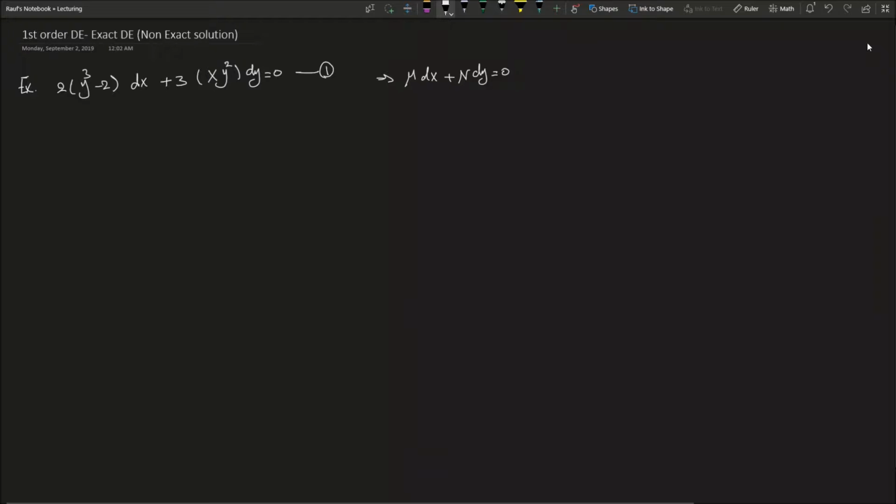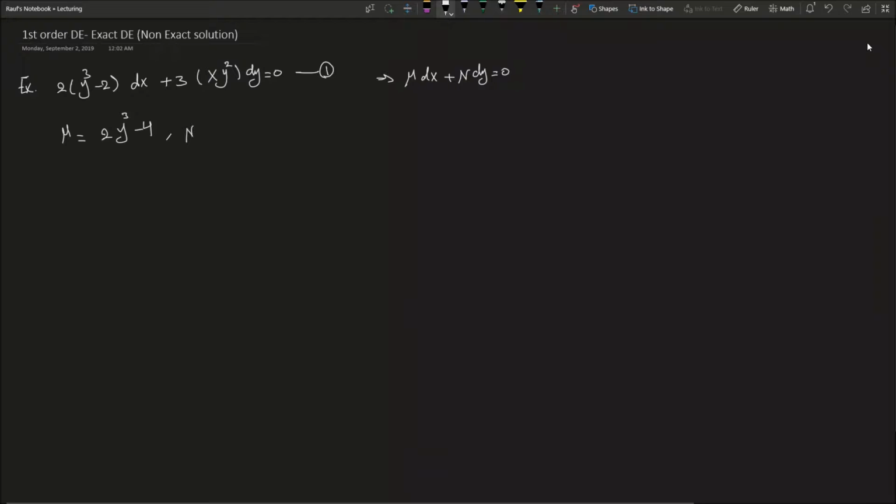Now we said mu is equal to partial phi over partial x. In this case, we have mu equal to 2y cubed minus 4.